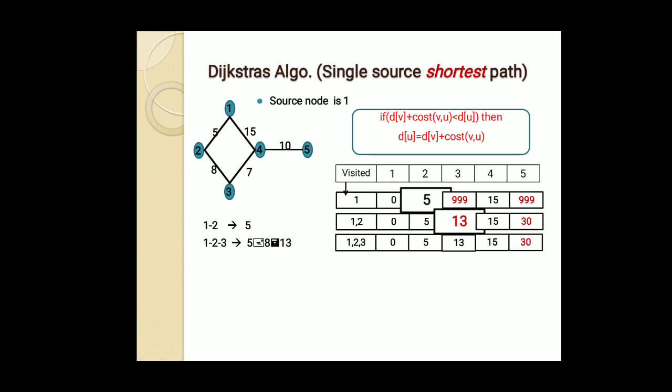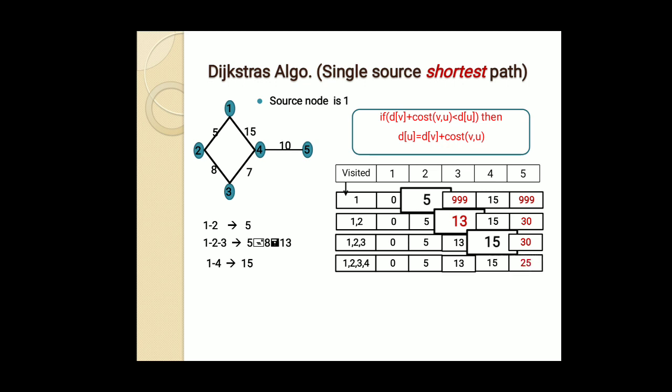So 15 is the minimal, so that remains the same, wherein we are not updating it, right? But once we reach 4 and find that I have a minimum path reaching 5, that would be updated, so 25 would be updated rather than 30.